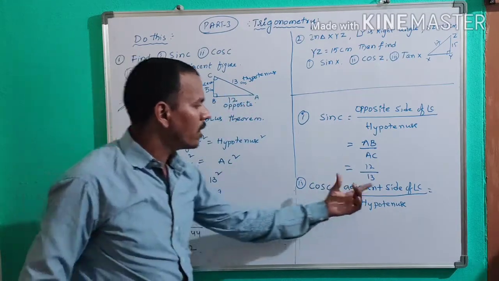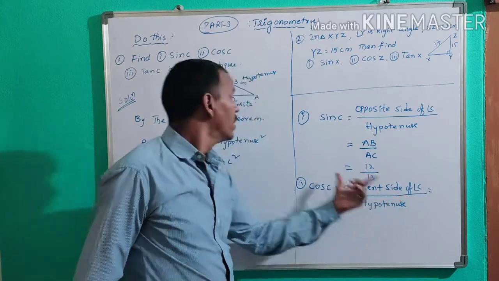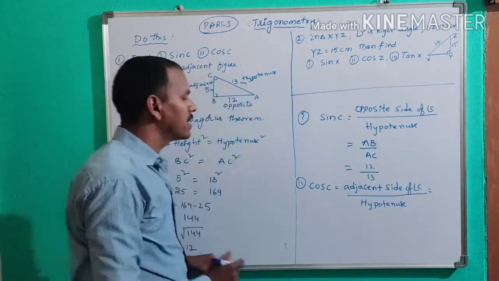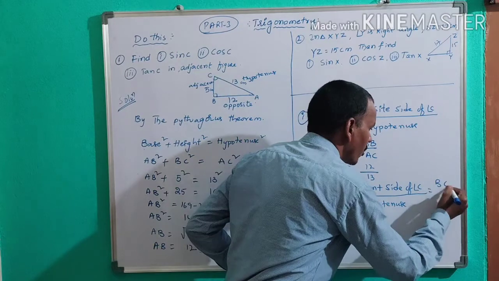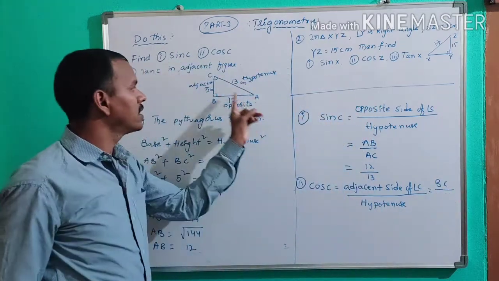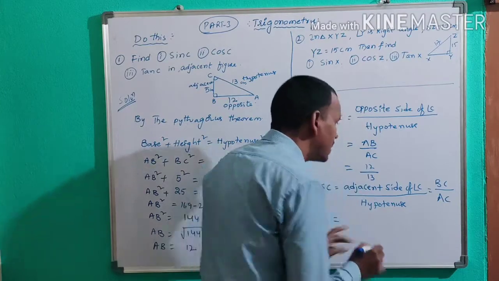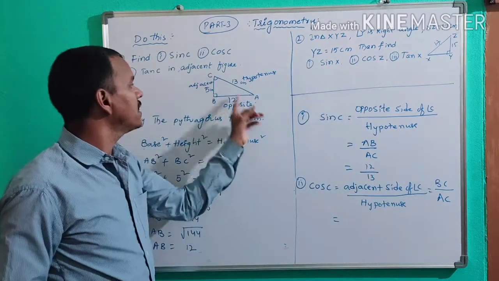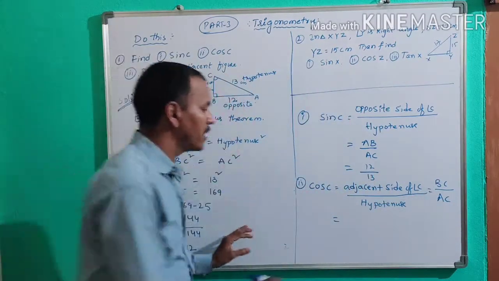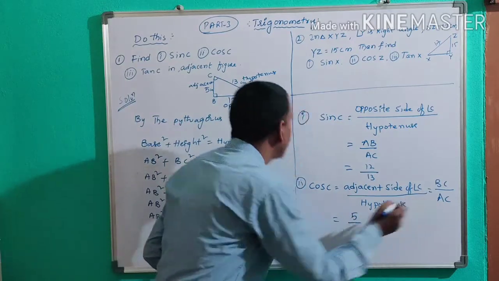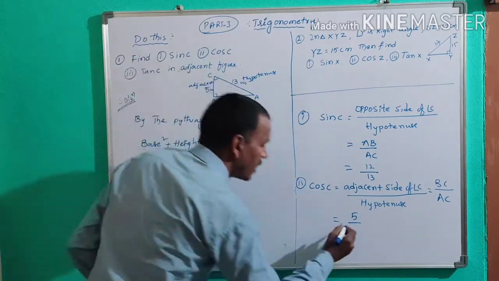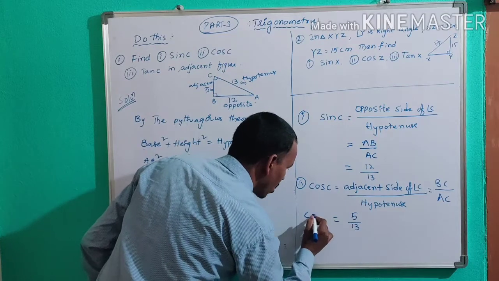Adjacent side of angle C is BC, by hypotenuse AC. Now BC by AC. BC is 5 centimeters, by AC is 13 centimeters. So it is the cos C.